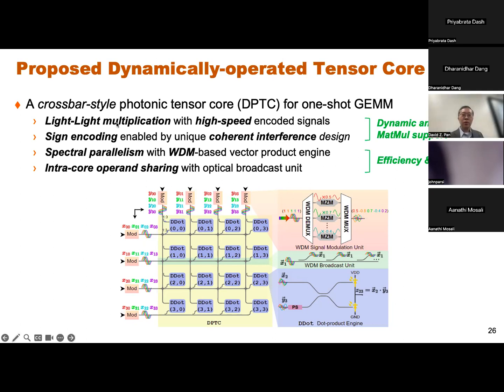Basically, we can do direct light and light multiplication with some high-speed encoded signals. The signs are encoded by some coherent interference designs. And then we also have WDM, wavelength division multiplexing, which can have multiple wavelengths so that we can do spectral parallelism.